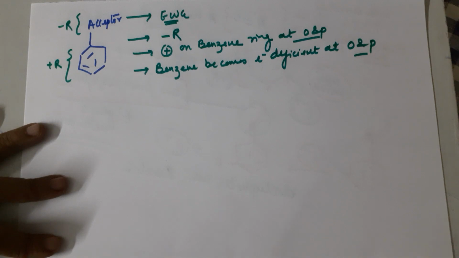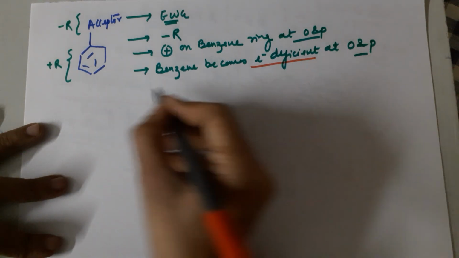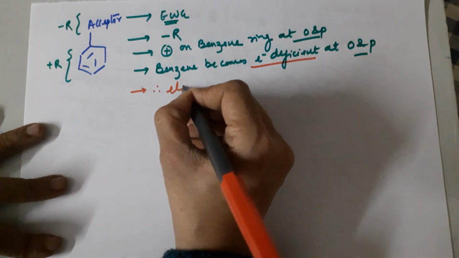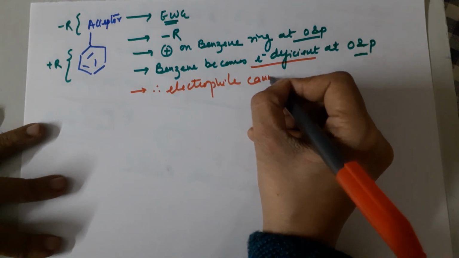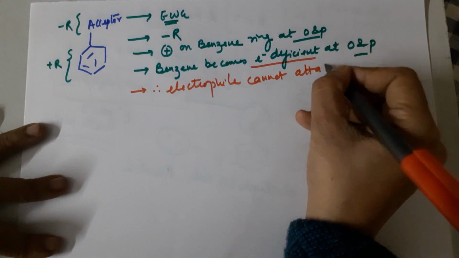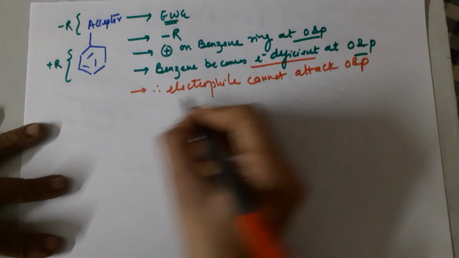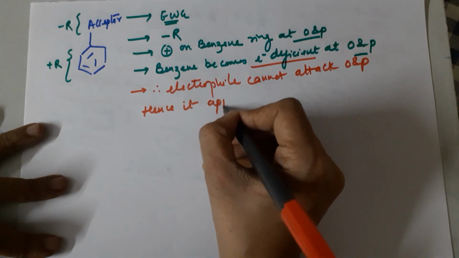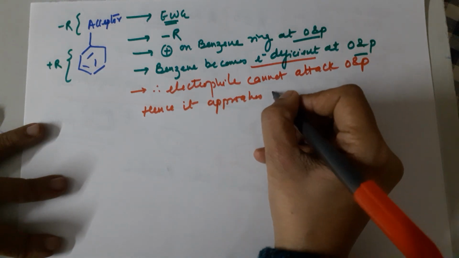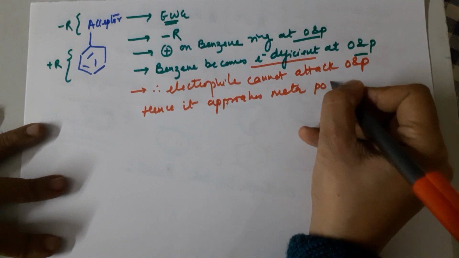So the benzene ring becomes electron deficient at ortho and para. Therefore, your electrophile cannot attack ortho and para. Hence, it approaches meta positions.